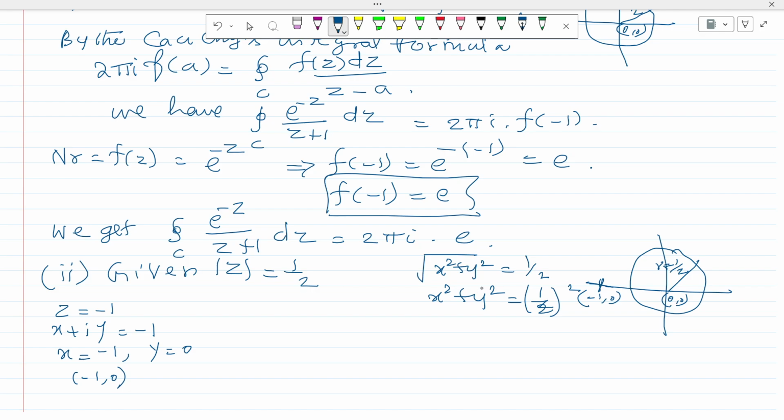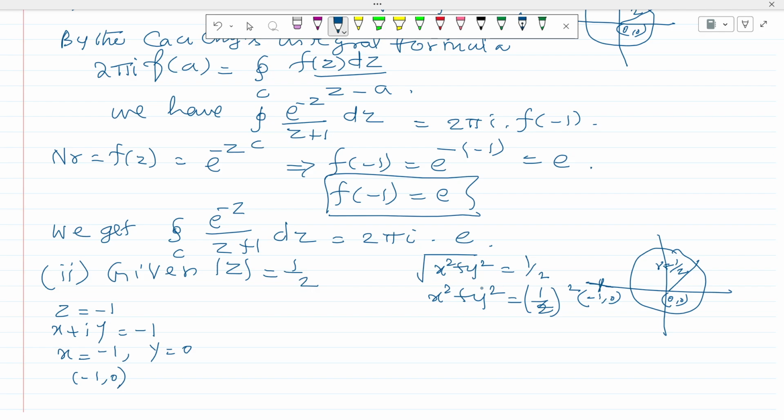Okay, listen. In the Cauchy integral formula, two things are important. One is you have to identify the singular point, which is based on the denominator. The next one is the circle. You draw the circle and check whether the singular point is inside the circle or outside.